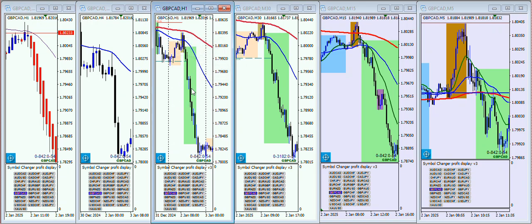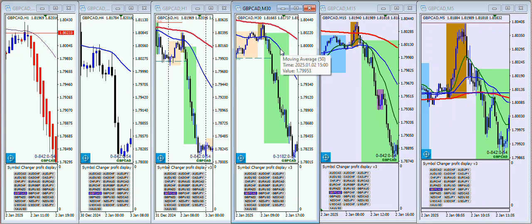with normal candles. Apart from the first 1 hour time frame that has the Heikin-Ashi candles, the others have the normal trading candles. Then I have the 30 minutes time frame with 50 and 200 exponential moving averages.